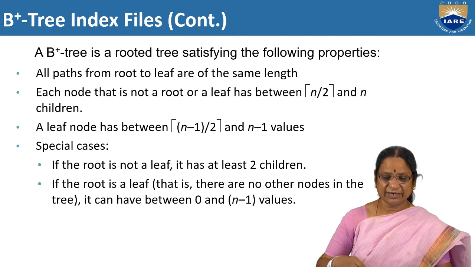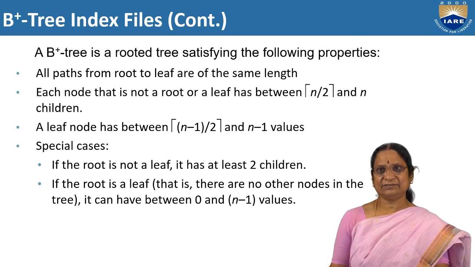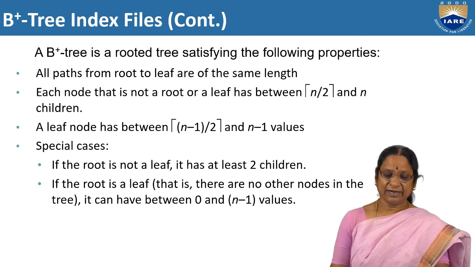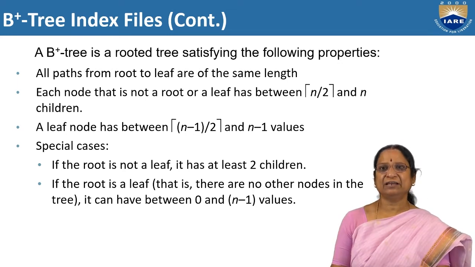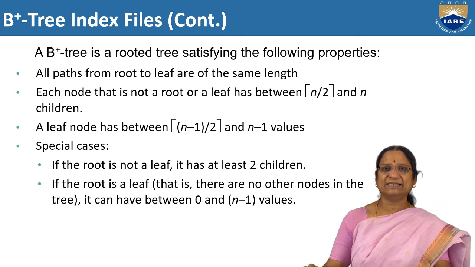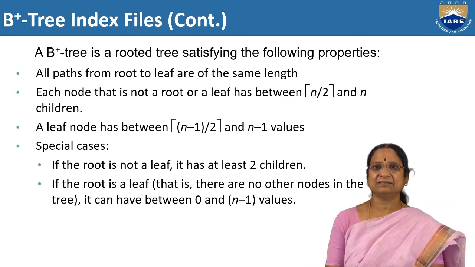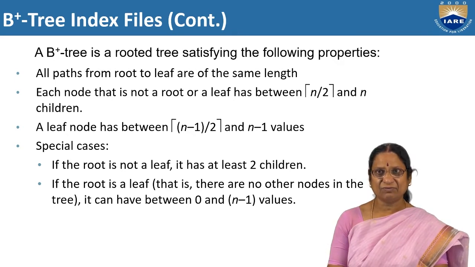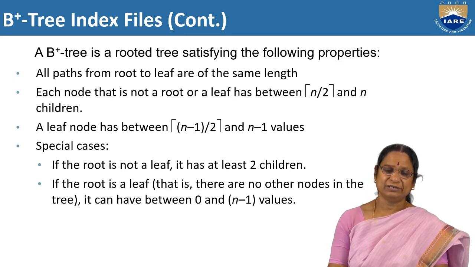If the root is not a leaf node, then it has at least 2 children. And if the root is a leaf node, then it may have between 0 and n minus 1 values. That is, the root itself is there, no children are there, so it may store n minus 1 values, or 0 if empty.